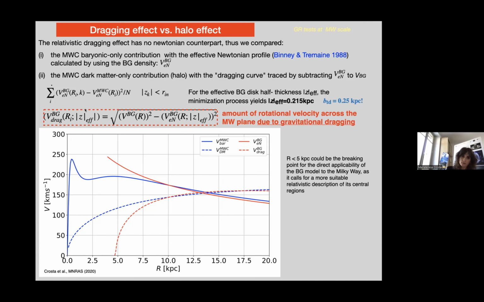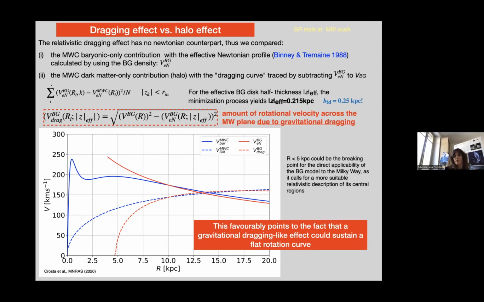By subtracting this effective Newtonian velocity in BG, which is due only to the baryonic component, from the total relativistic velocity, we are able to compute the amount of rotational velocity across the Milky Way plane due to the gravitational dragging. And as you can see, over the radius explored by the Gaia data, the halo contribution is compensated by the gravitational dragging. So this favorably points to the fact that the gravitational drag-like effect will sustain a flat rotation curve.